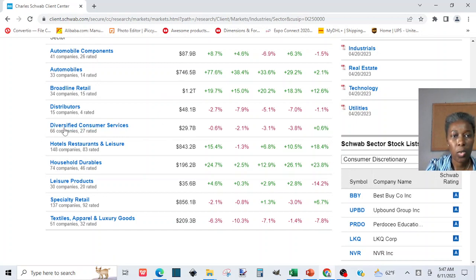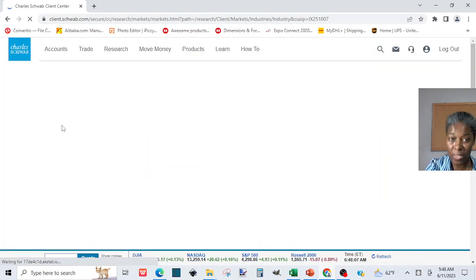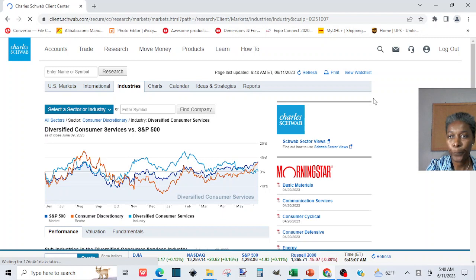So we are going to work on diversified consumer services and hotel, restaurants, and leisure if we have time. So we are going to click on the sector, and the industry is going to take us to the sub-industries under that industry. And you can see the path as well on top.